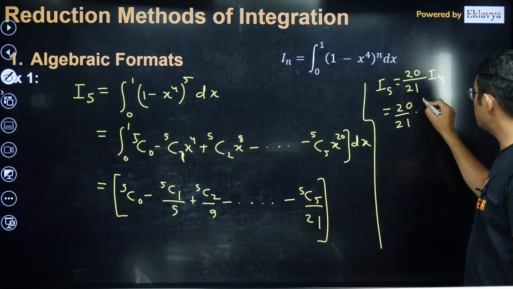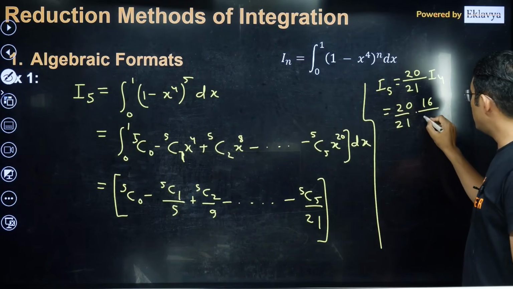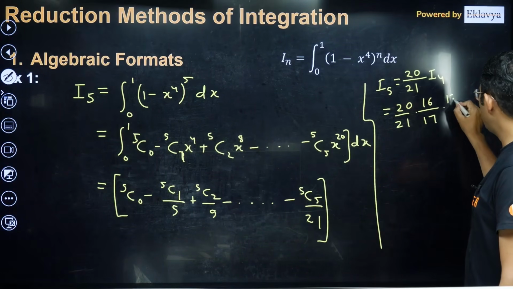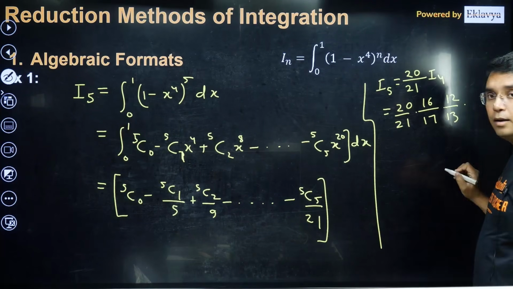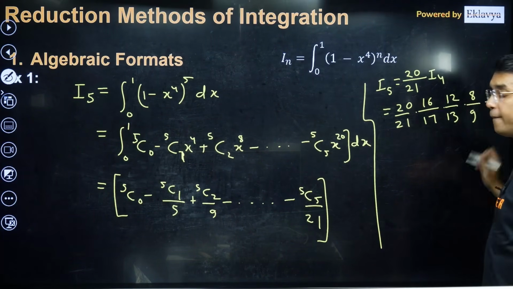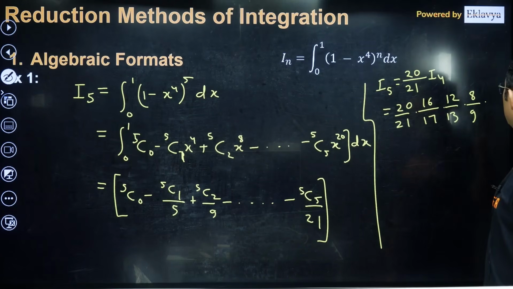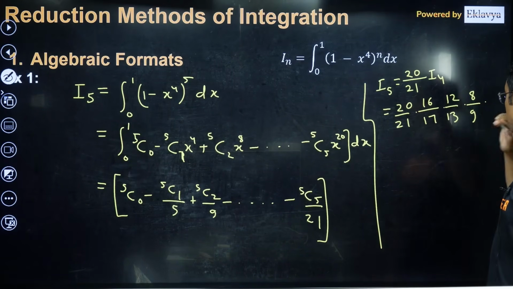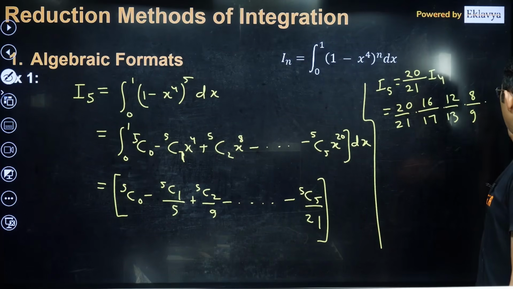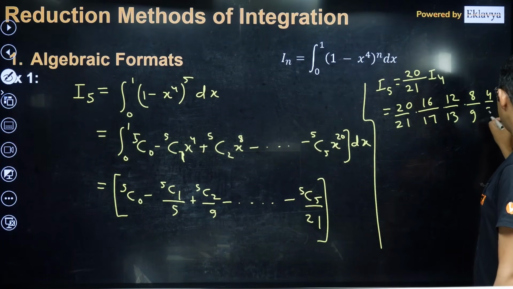It will be 16 upon 17. Once again we can apply for I₃, it will be 12 upon 13. Then for I₂ we can apply, it will be 8 upon 9. Then after this is 4, this was 3, this was 2, this is 1, or maybe I can write it for 0 also. So it will be 4 upon 5 into I₀.